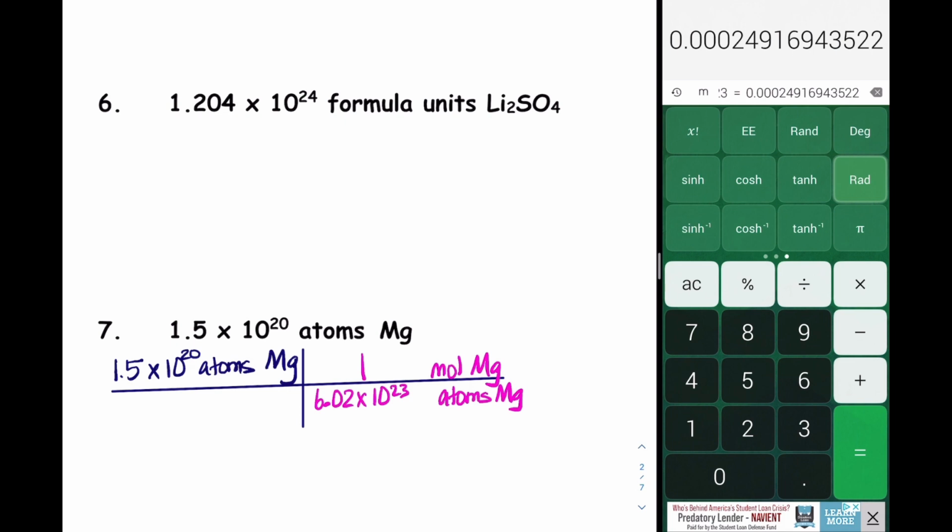So our final answer for this problem comes out to 2.5, 2 significant digits in this value, 2.5 times 10 to the power of -4 moles of magnesium. And that's how you convert between moles and representative particles.